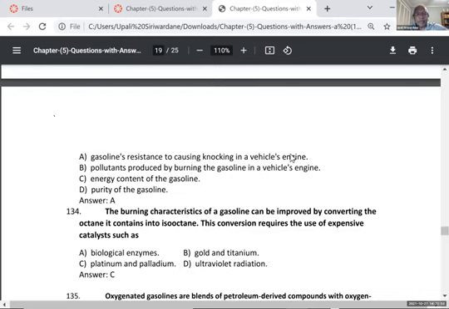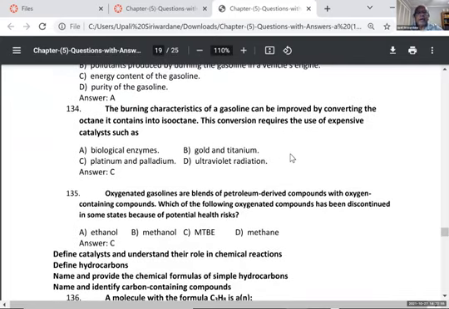We talked about that. The burning characteristic can be improved by converting into isooctane. So they use reforming catalysts. They are made out of platinum and palladium.